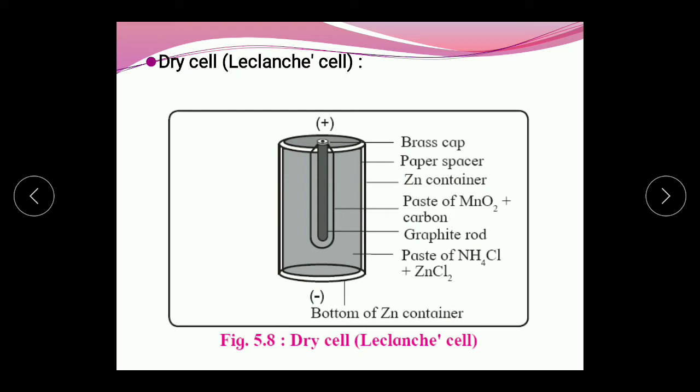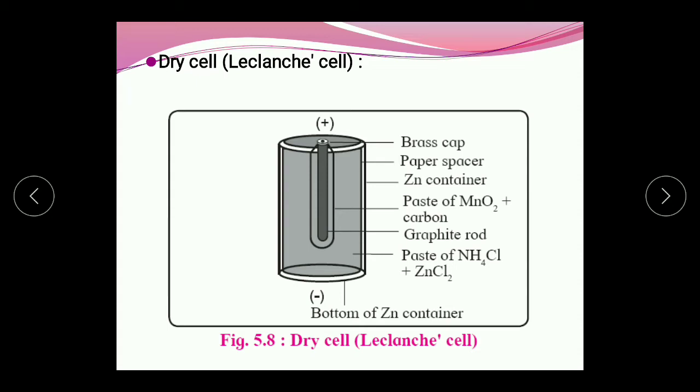The cathode, or this graphite rod, is immediately surrounded by a paste of manganese dioxide and carbon black. The rest of the cell is filled with a moist paste of ammonium chloride and zinc chloride, and this is the electrolyte.